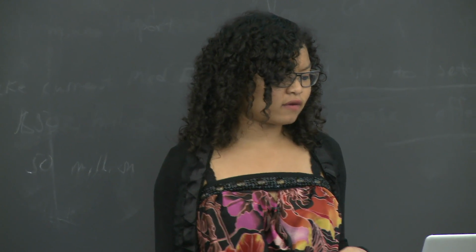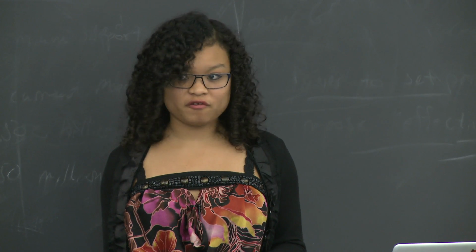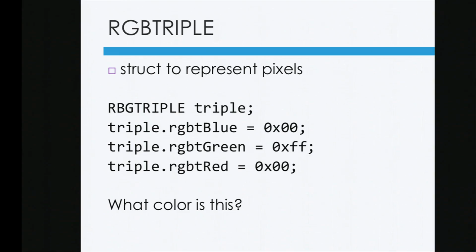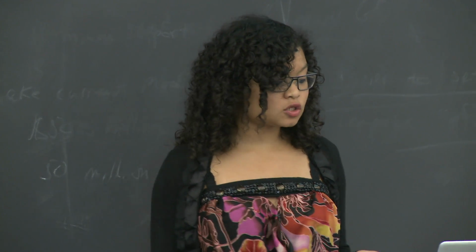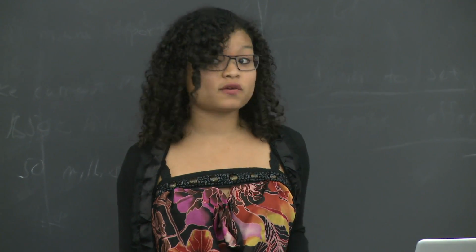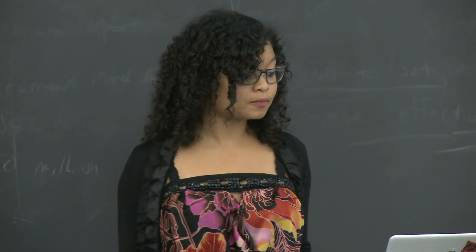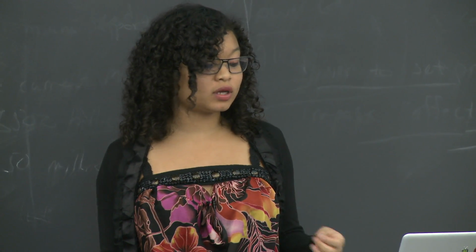So if we have the blue variable set to 0, the green set to FF, which is the maximum value you can have, and the red variable set to 0, what color would this particular RGB triple represent? Great, exactly. So it's going to be useful to know that whenever you have an instance of an RGBT triple, you can access the amount of blue, green, and red separately.